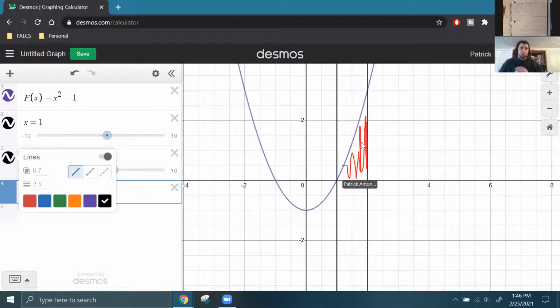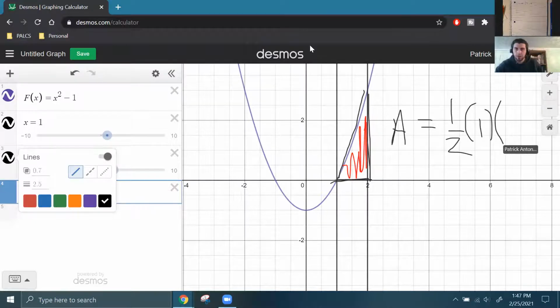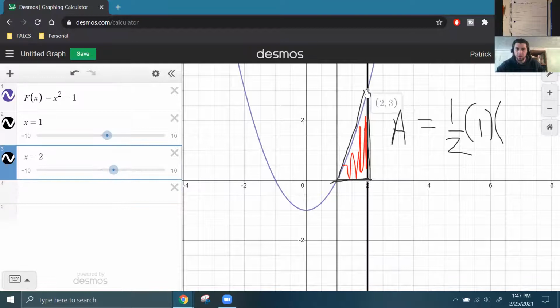Now, one of the things you can do to check the reasonableness of your answer is to draw a shape that closely resembles the area of that region. For example, if I put a triangle on here in black, the area of that triangle is 1/2 the base, which is 1 unit wide, times the height, and the height is roughly right about here, which is about 3 units high.